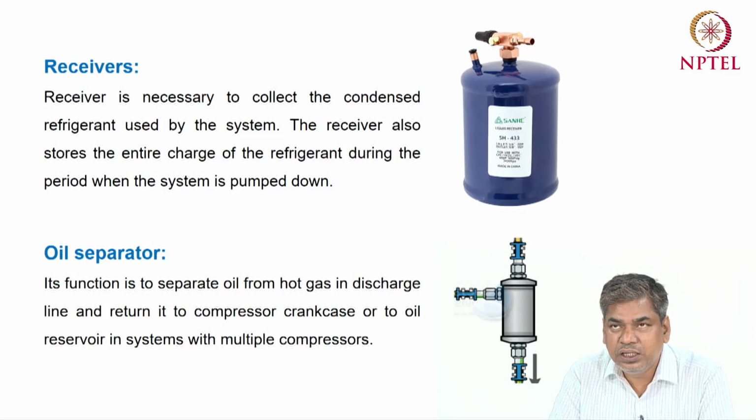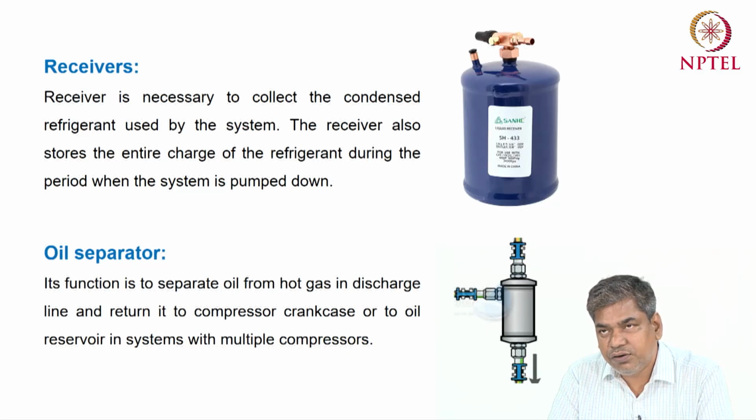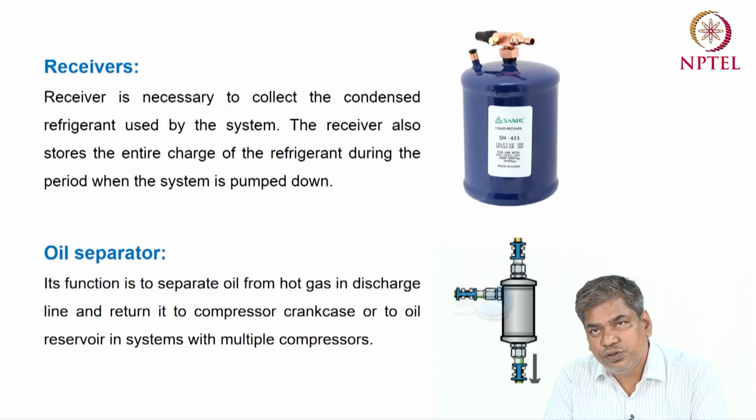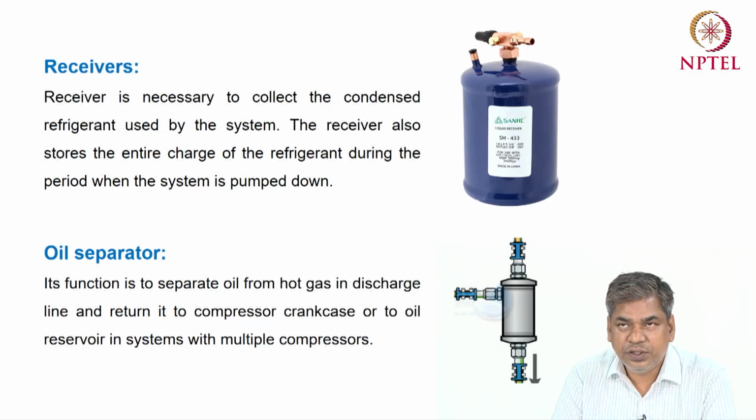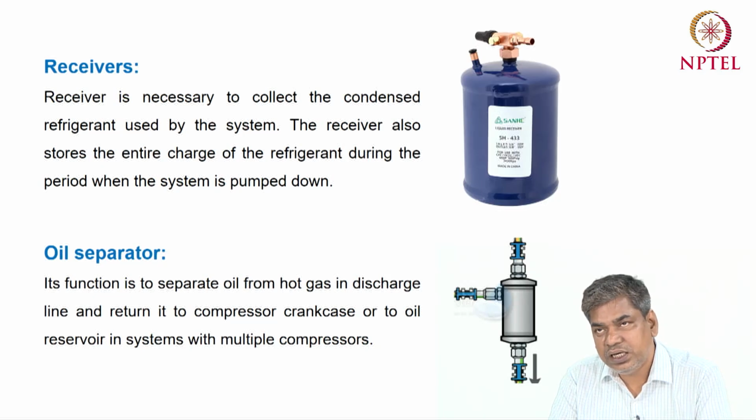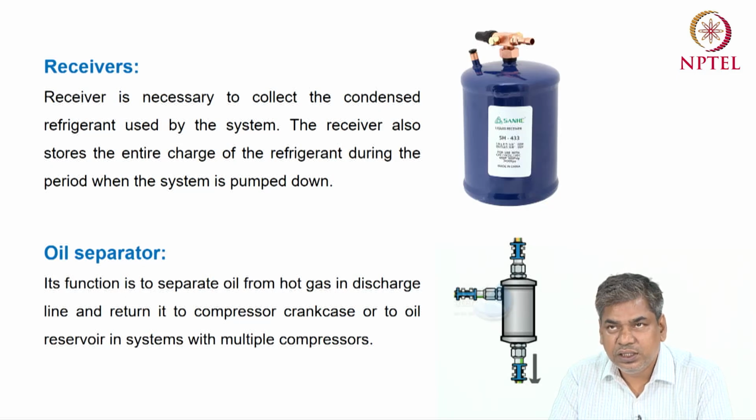So the mass flow rate to the expansion device can be controlled as per our requirement, and excess refrigerant will be stored in this receiver after the condenser, or if extra refrigerant is required, we can take it out. So this is one type of storage device, and as per our requirement, we can change the outlet refrigerant quantity after the receiver.